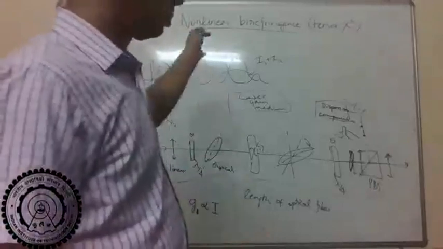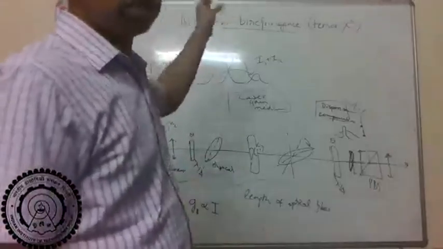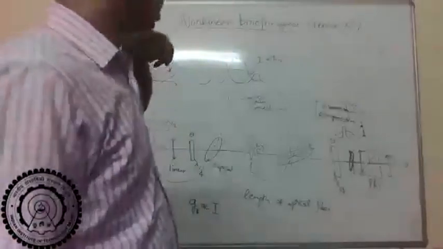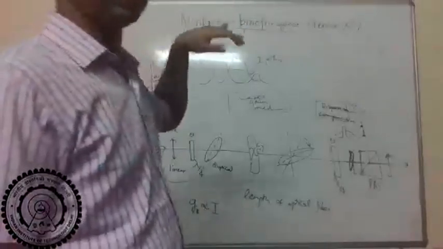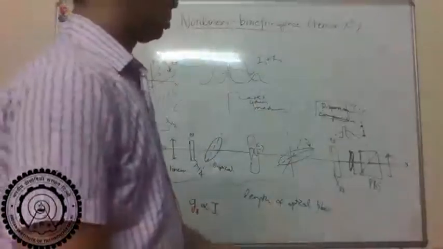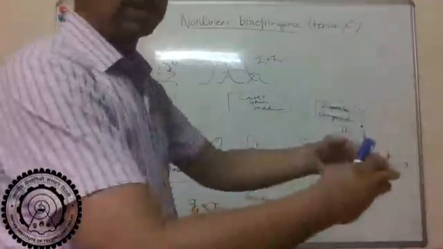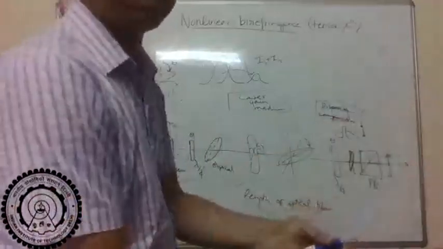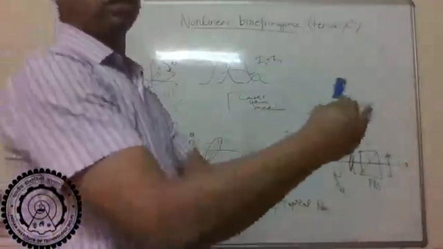So there are some autocorrelators or pulse measurement equipment that you can make out of, for example, second harmonic generation. Instead of TPA, when you recombine these two pulses, you combine them in a second order nonlinear medium, and then you detect the second harmonic.